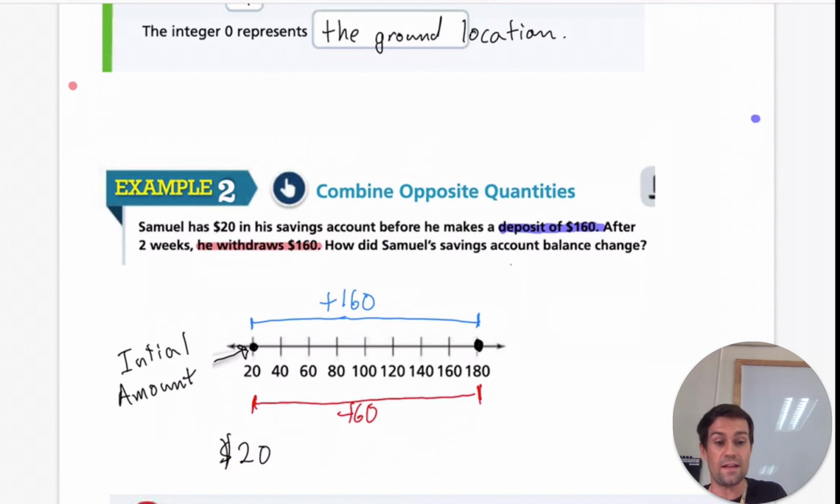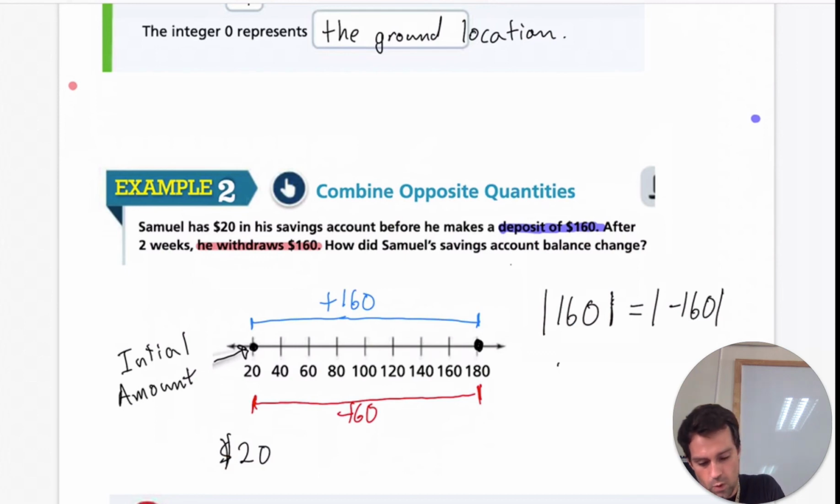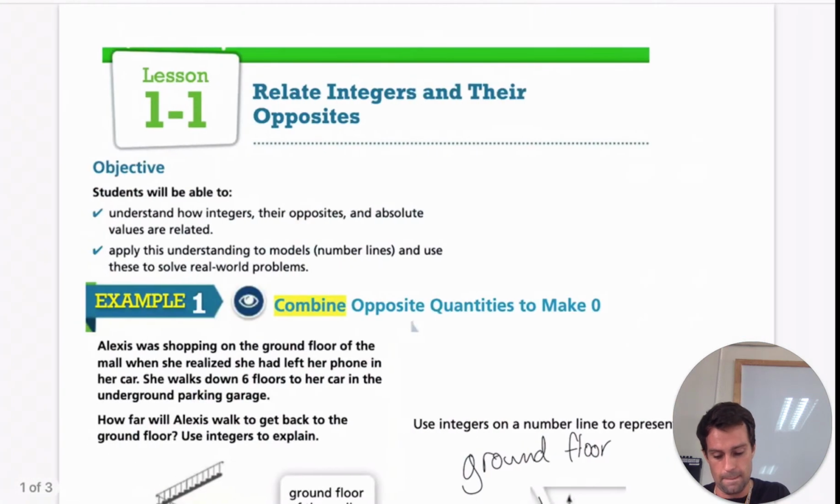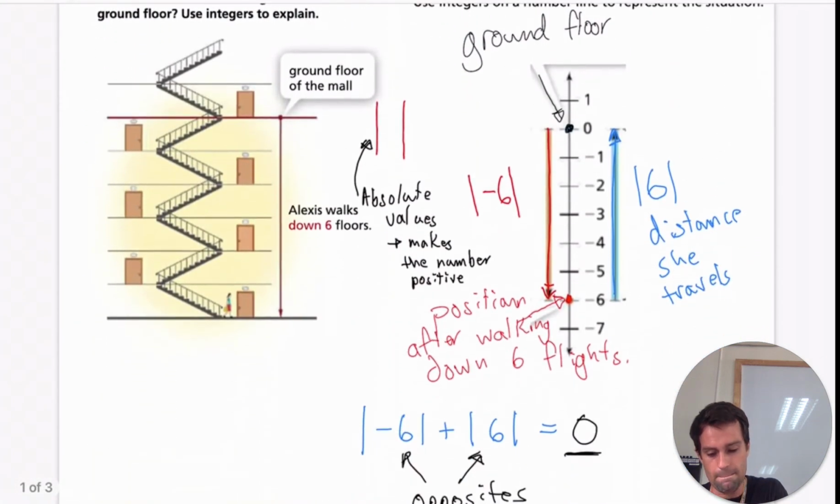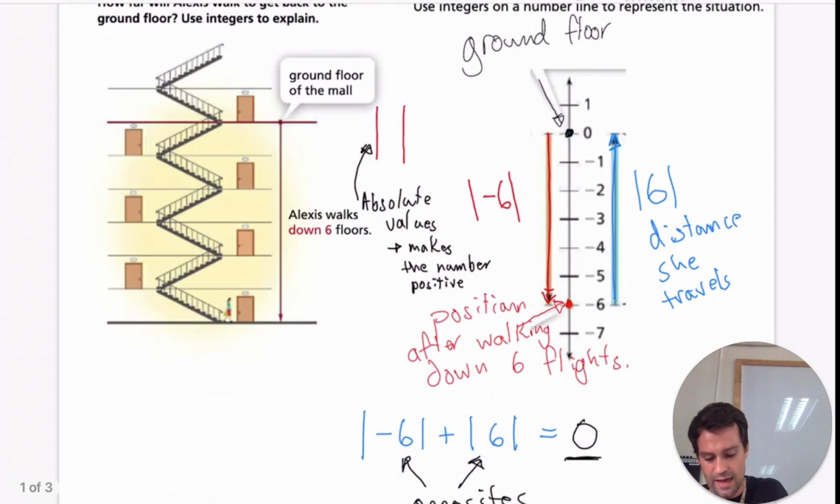Notice we could add the opposites together as well. The absolute value of 160 equals the absolute value of negative 160. Or 160 plus negative 160 equals 0. And you know what? I'm going to pause here because I realized back here what I meant to say, not absolute values.